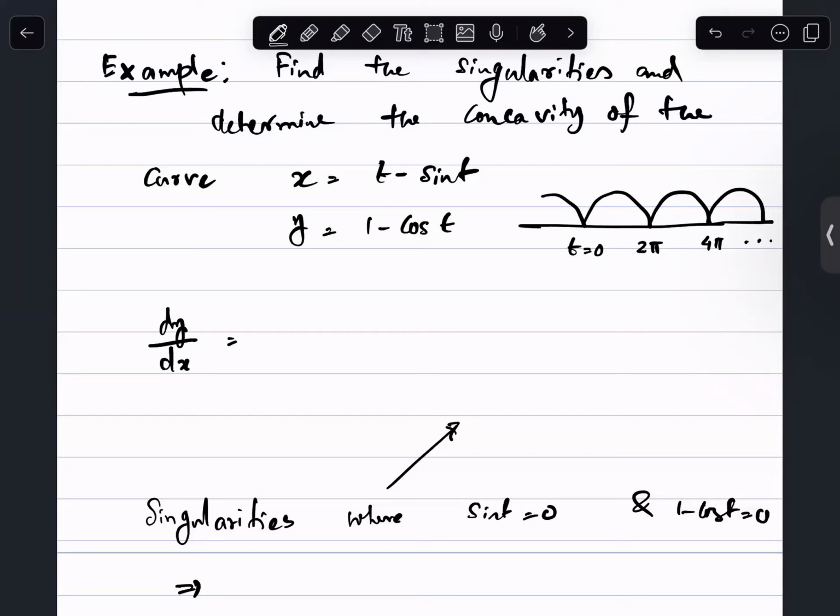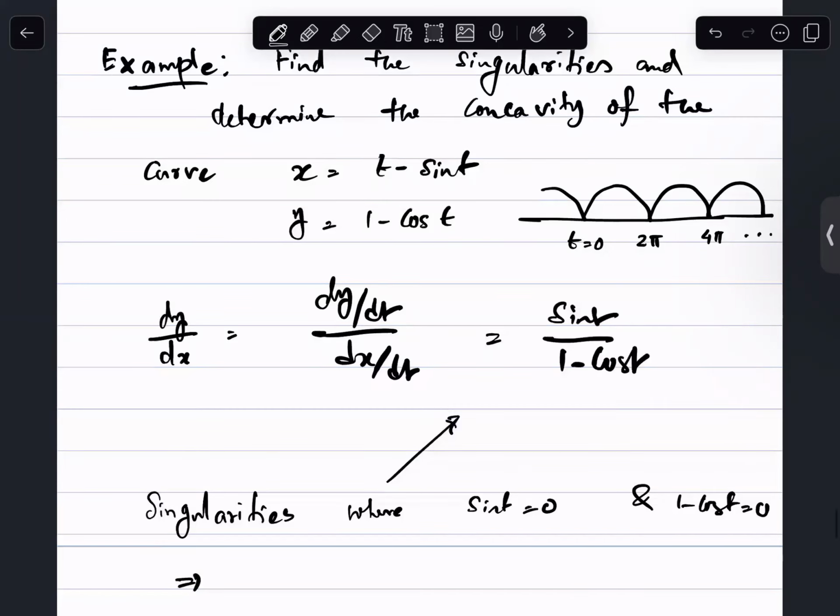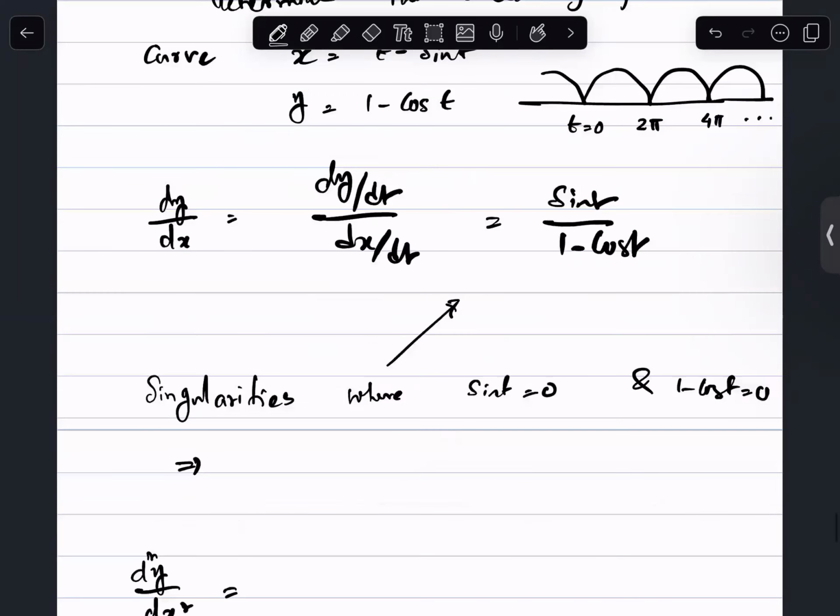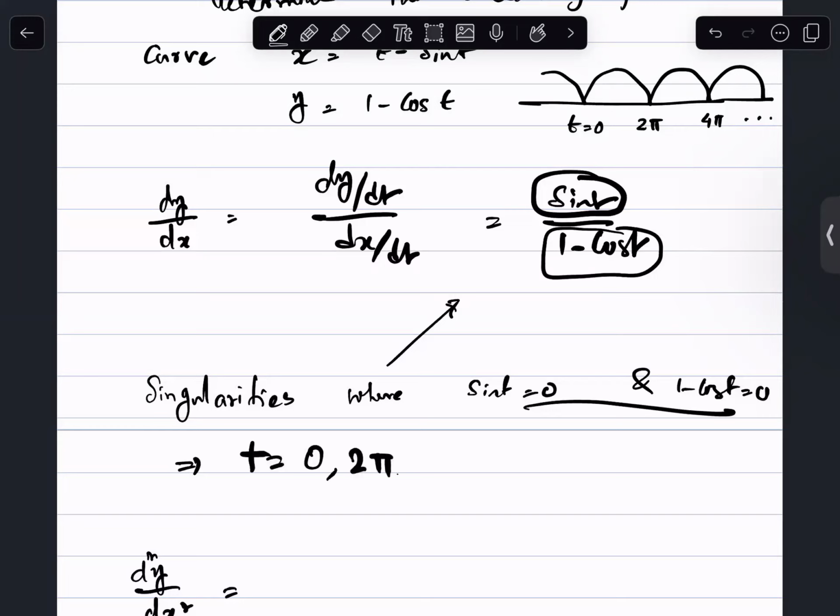By chain rule, dy dx is dy dt over dx dt, which is just sine t over 1 minus cosine t. So singularities will be when both the numerator and denominator are 0. That's what I have written there. From this, I'll get t to be 0, 2 pi, 4 pi, 6 pi, and so on. Only at these points will both of these equations be equal to 0.